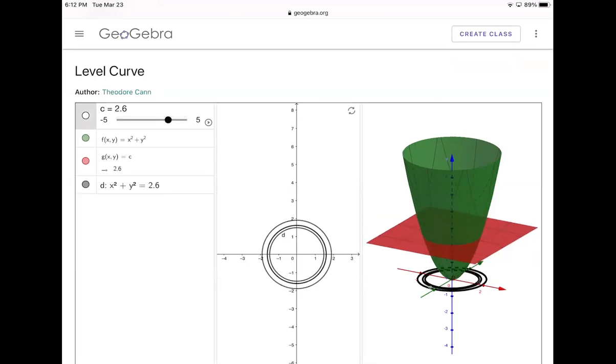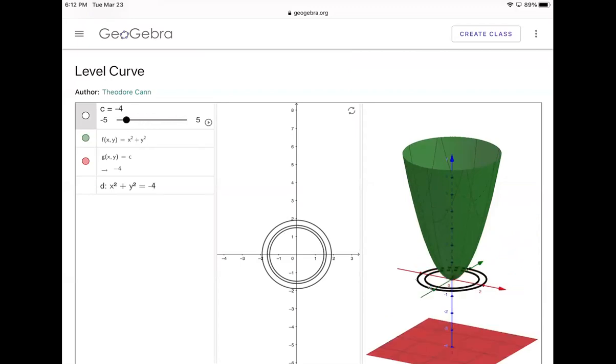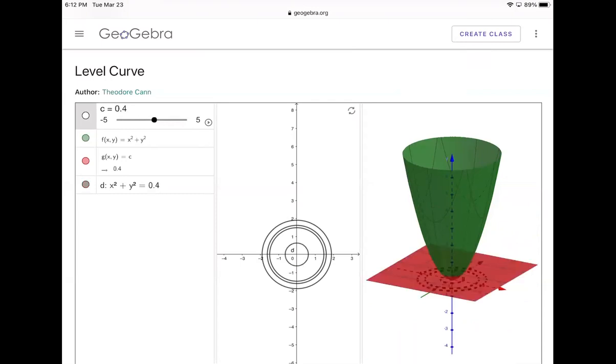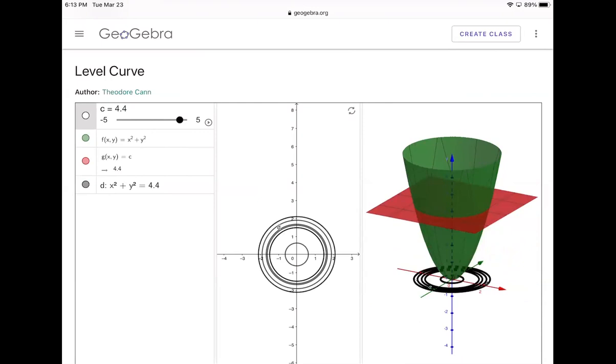You can see that the slider is not only changing the value of c, but also moving the plane. That plane has certain intersections with the surface, and as it intersects the surface at different levels, I have this set up to create a two-dimensional graph associated with those level curves.